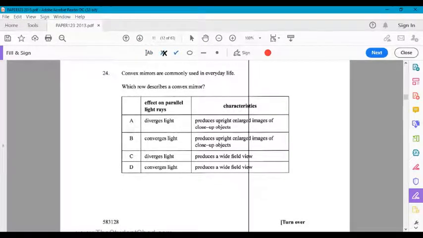So we're looking for diverges light and produces a wide field view. Okay, that would be C.